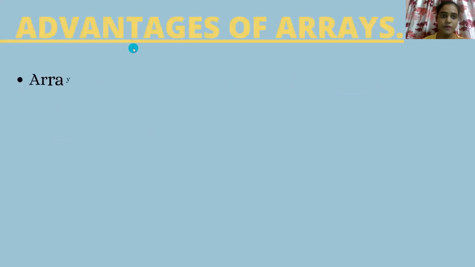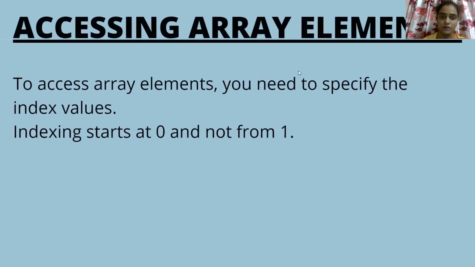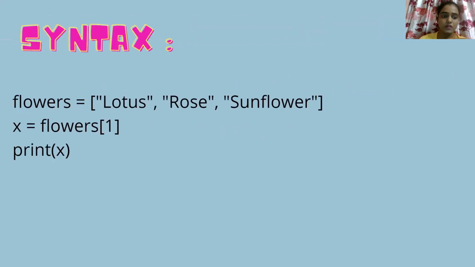Okay friends, so this is our syntax. In the first line we have mentioned one variable name, flowers, and we have put the names of three flowers: lotus, rose, sunflower. You can put any names of flowers of your choice.